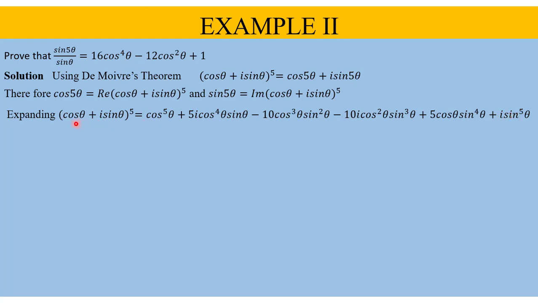So expanding cos theta plus i sin theta power 5, we shall get cos power 5 theta plus 5i cos power 4 theta sin theta plus 10 cos power 3 theta sin squared theta minus 10i cos squared theta sin power 3 theta plus 5 cos theta sin power 4 theta plus i sin power 5 theta.